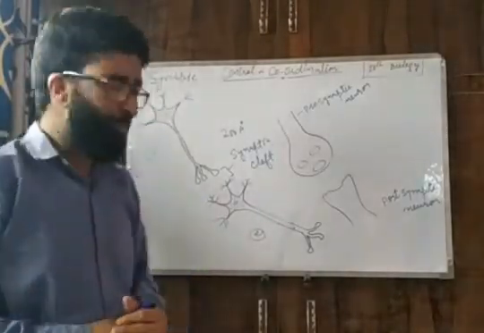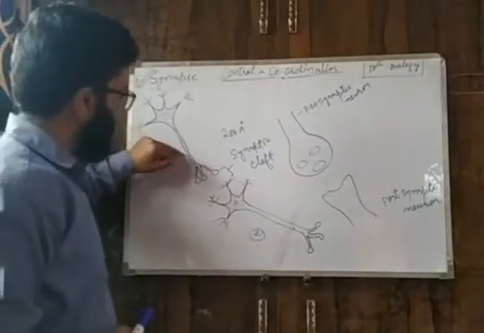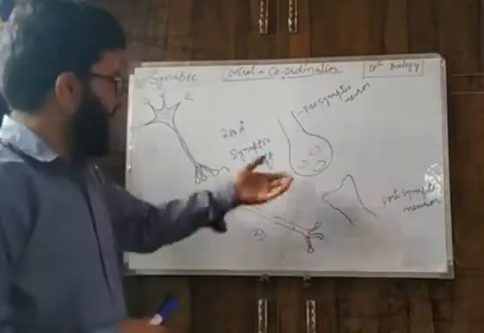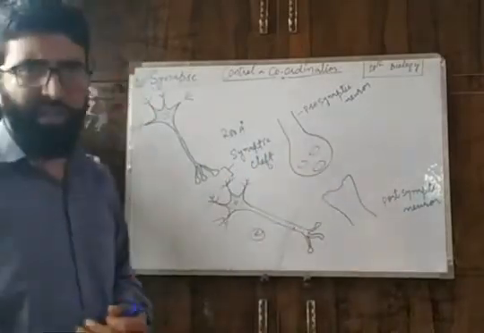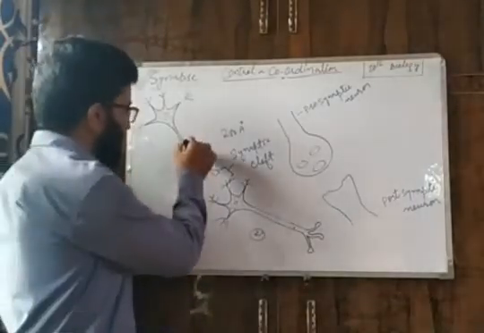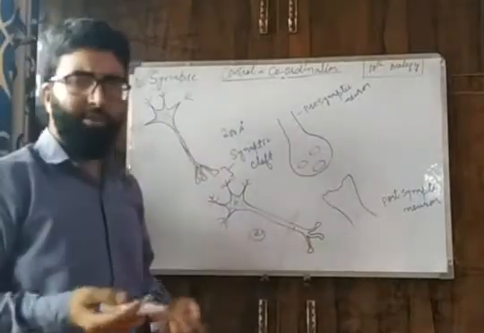Let's find it out. When the nerve impulse reaches the axon, I have shown it a little larger here to make it easy to understand. The nerve impulse will pass on to all these synaptic knobs.